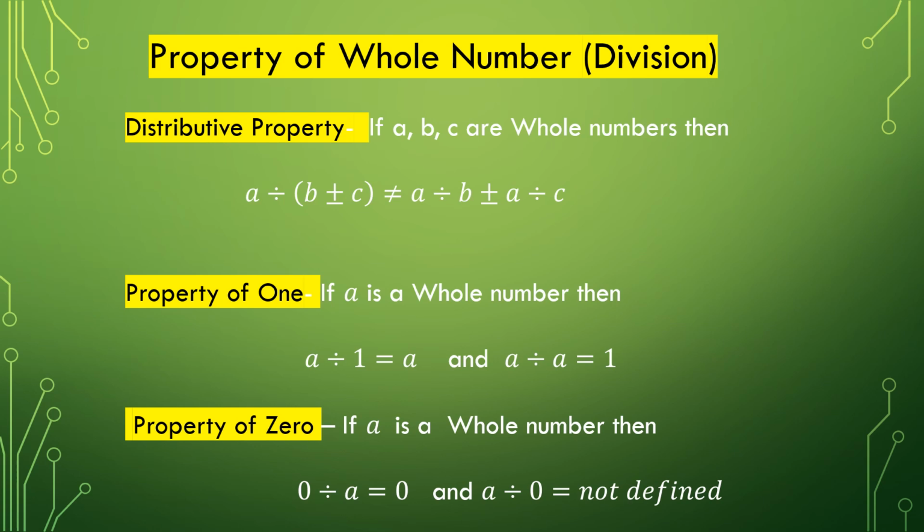It will not be a whole number; it is infinity. That is an undefined number. We can't define that number. For example, 0 divided by 2 is 0. But 2 divided by 0 is not defined. This is an undefined number.